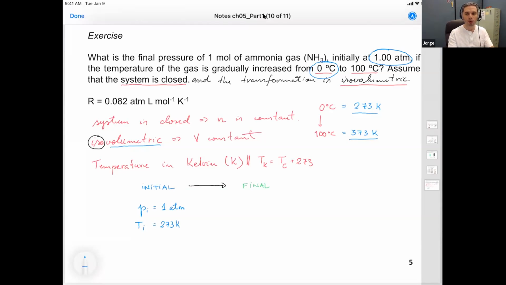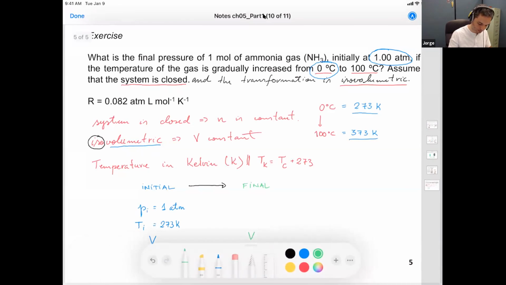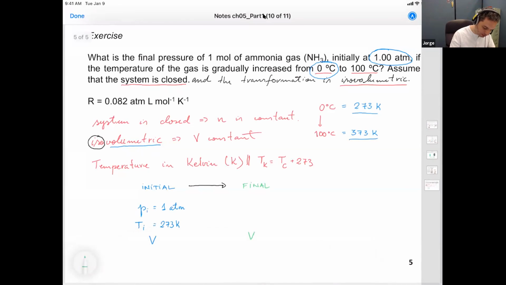And we don't know the volume, but we know that the volume doesn't change. So I'm going to call V for the initial state and also V for the final state. For the final state, we don't know the pressure, so I'm going to call here Pf, and that's a number that we don't know. And the final temperature right here is 373 Kelvin.